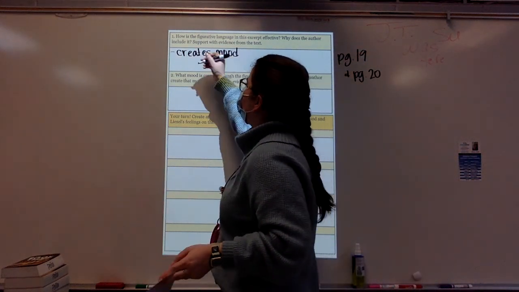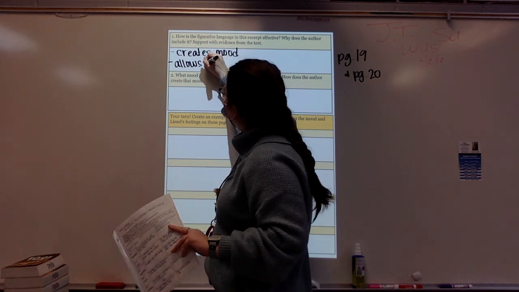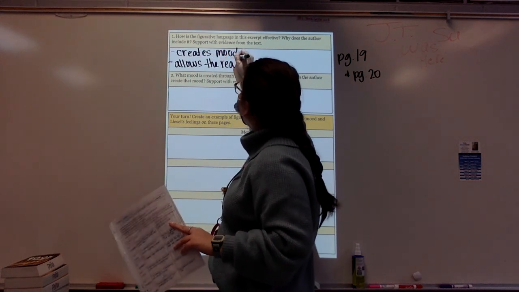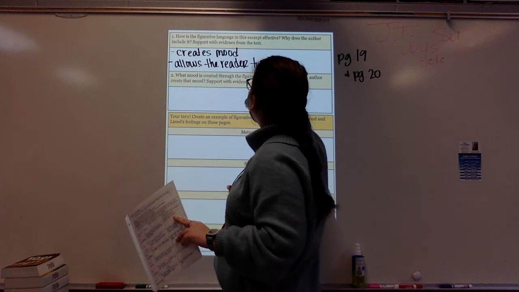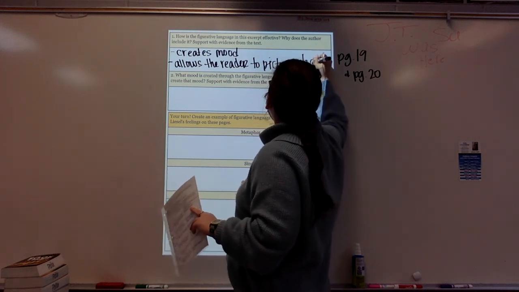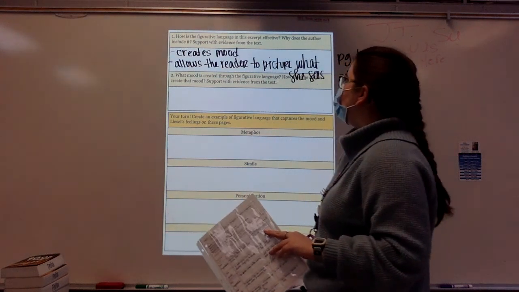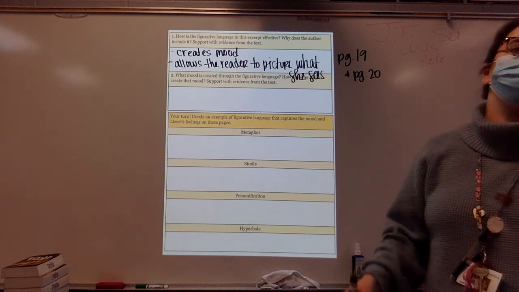It allows the reader to picture what she is seeing. I'm going to run out of space. But it allows us to see what Liesl sees.